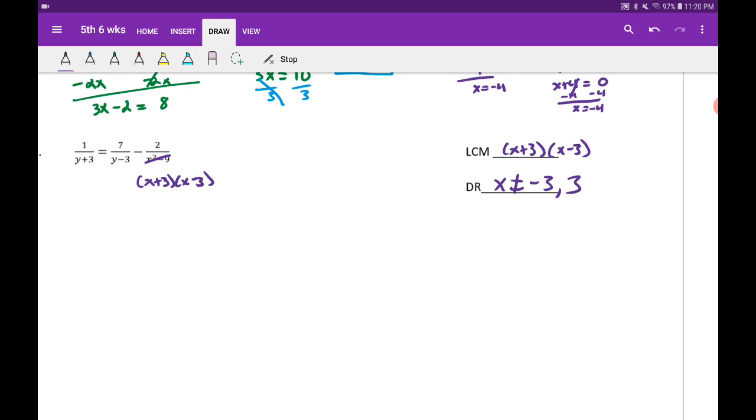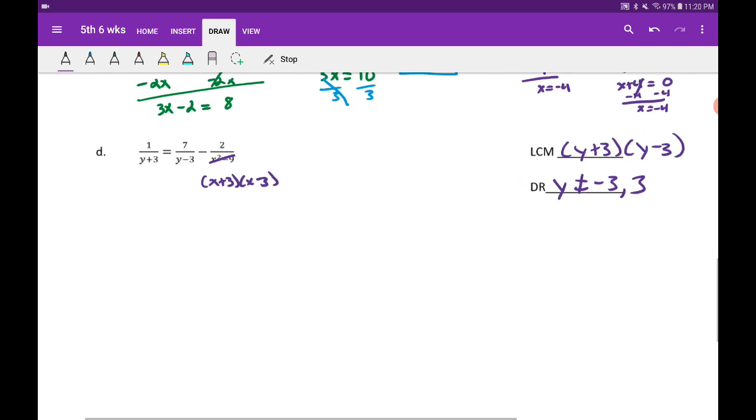All right, so I've been saying x, but these are all y's. Let's change those. Y plus 3, y minus 3. There we go.